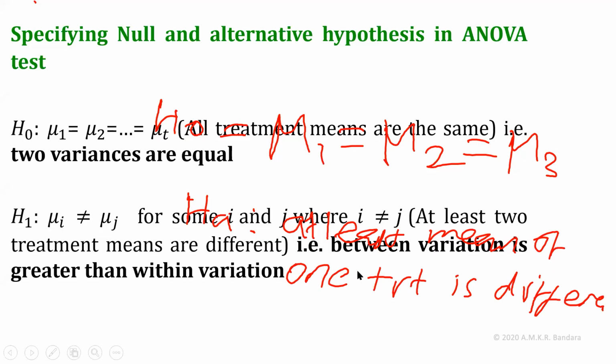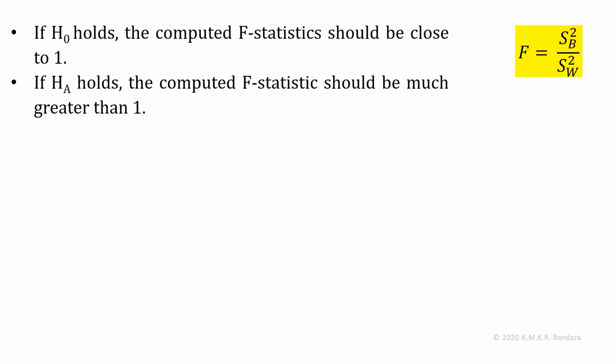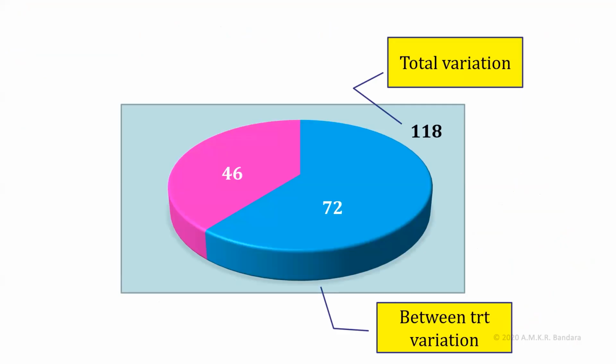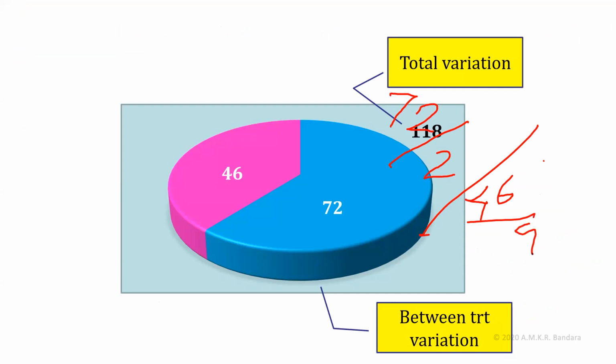So depending on the value we obtain for the test, the table value is 4.26, and the calculated value is 72 divided by 2 divided by 46 divided by 9. This is equal to 36 divided by 5.1, which is equal to 5 point something.